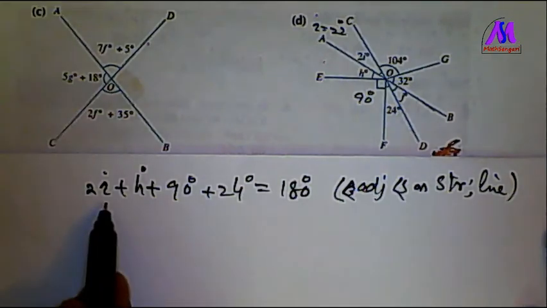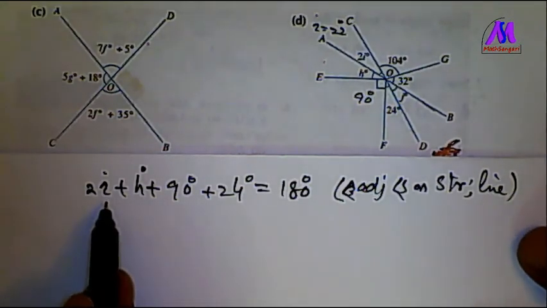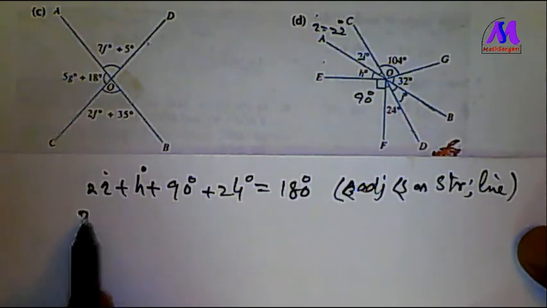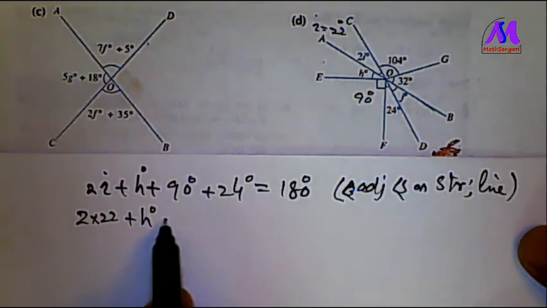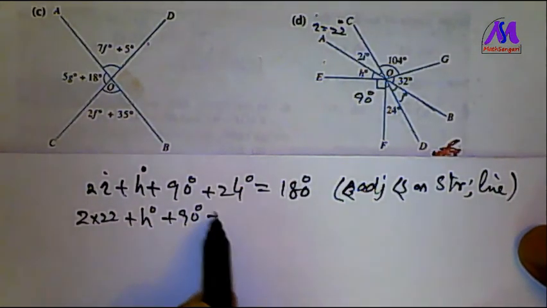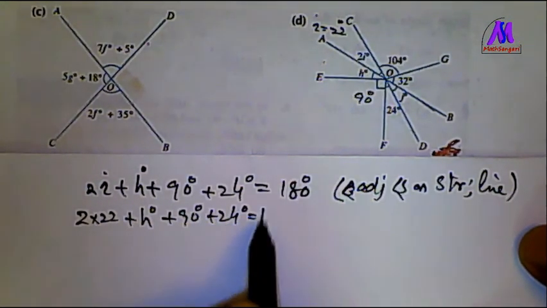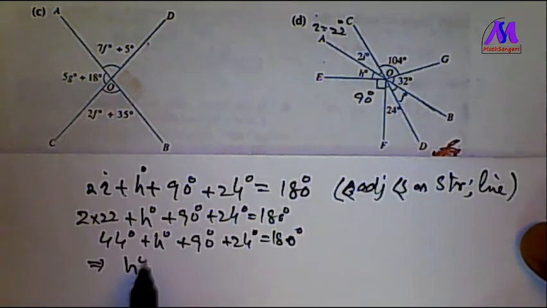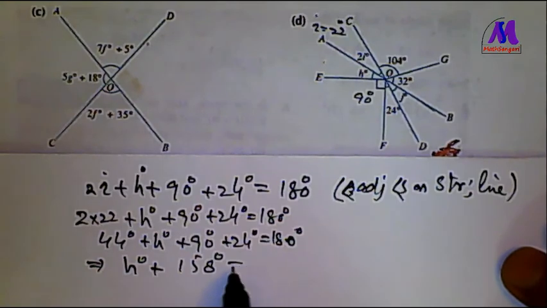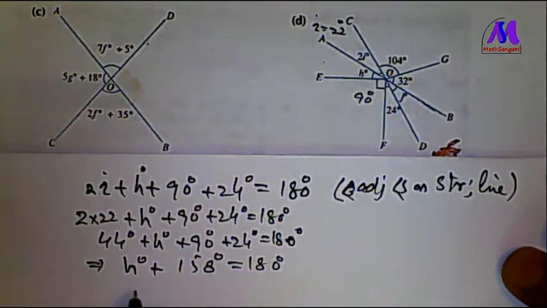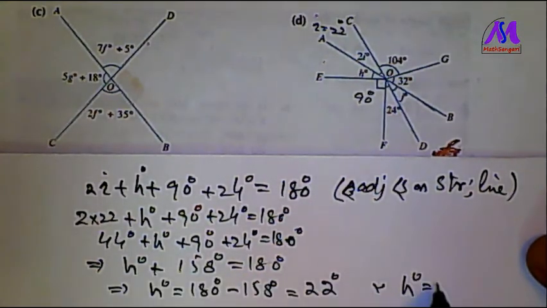So we already know the value of i, which is 22, so 2 multiplied by 22 plus h degree plus 90 plus 24 degree will be equal to 180 degree. h degree plus 158 degree will be equal to 180 degree, or h degree will be equal to 22 degree.